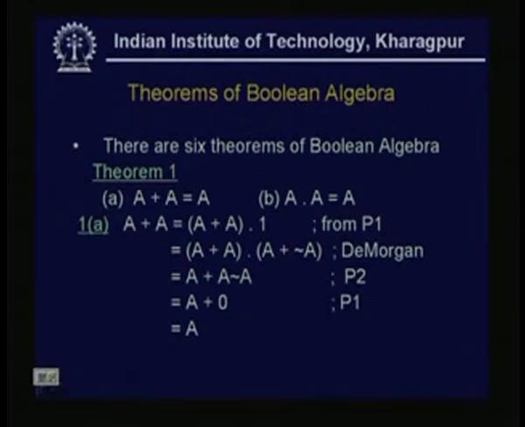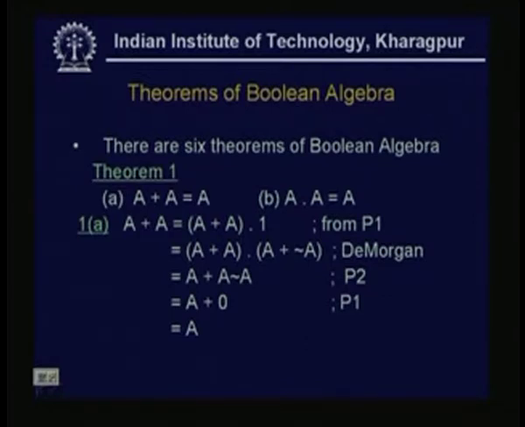So, how we can tell? Now just to prove this thing or see the validity of this theorem, we will use the postulates what already we have defined. See, A plus A is A plus A dot 1 from the first postulate.